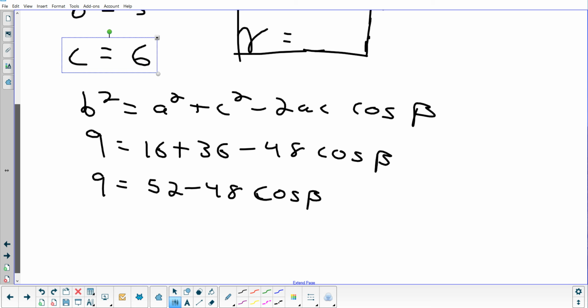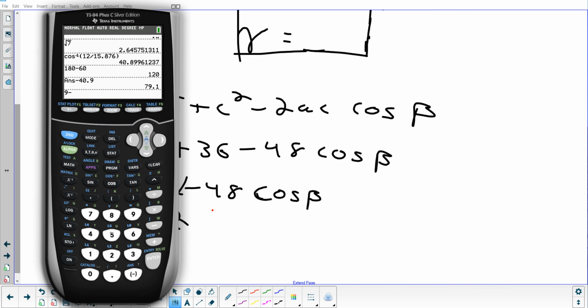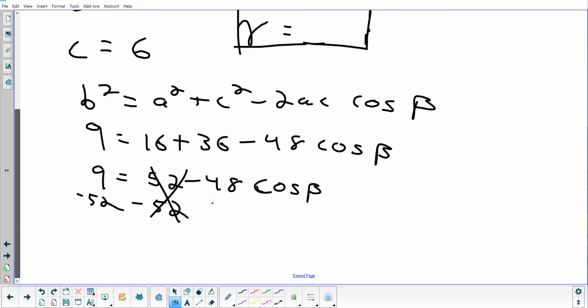This is where people sometimes mess up. What do you do next? Yeah. Minus 52. You got to minus the 52. You cannot do 52 minus 48. You can't do that. So minus 52. See what we get there. 9 minus 52 is negative 43.